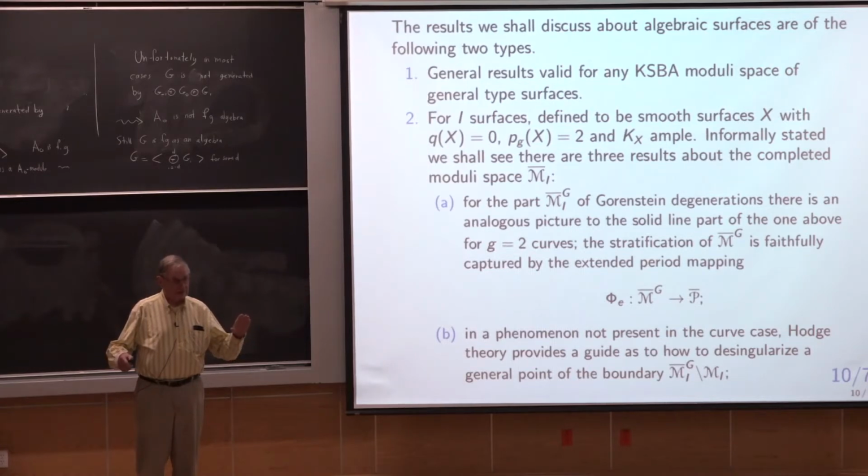It has sort of finite quotient singularities, but basically it's essentially smooth. For algebraic surfaces, much the opposite occurs. The boundary is highly singular, and the natural question is, how do you desingularize it? And there, Hodge theory will give you a guide as to what to try to do, and then you go back and use algebraic geometry to try to do that. And that's what will be done for this particular surface.